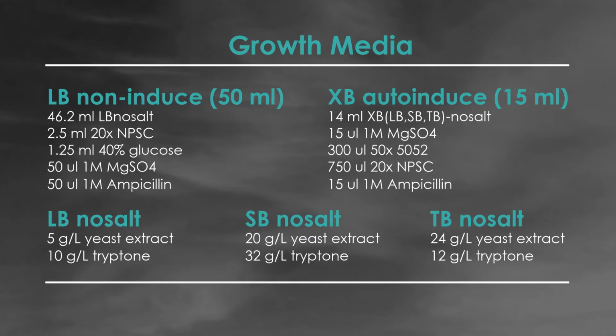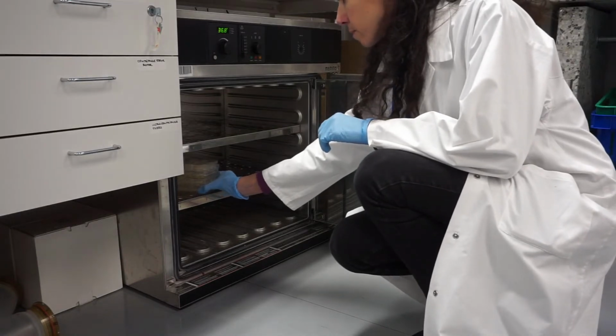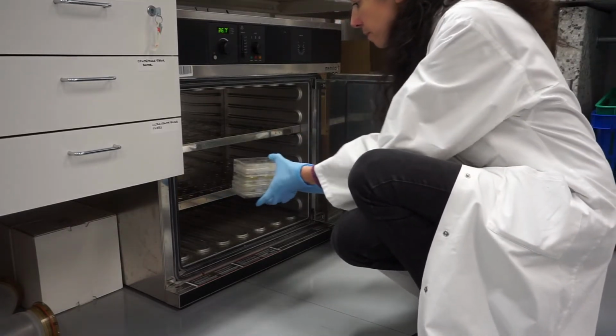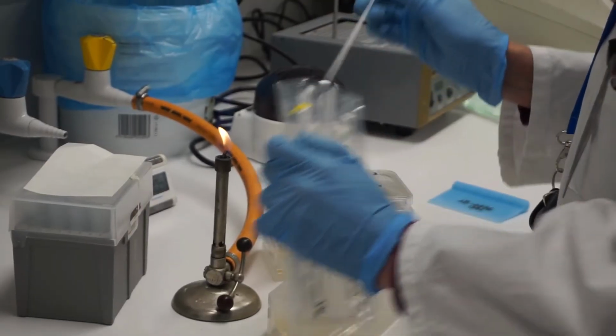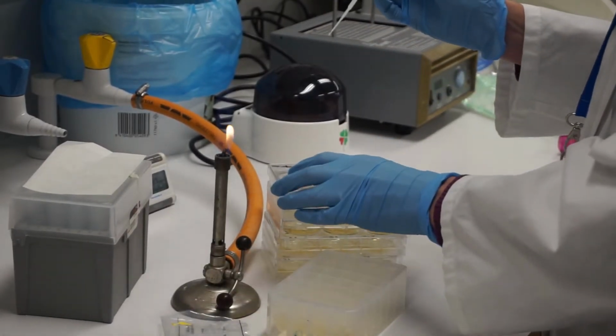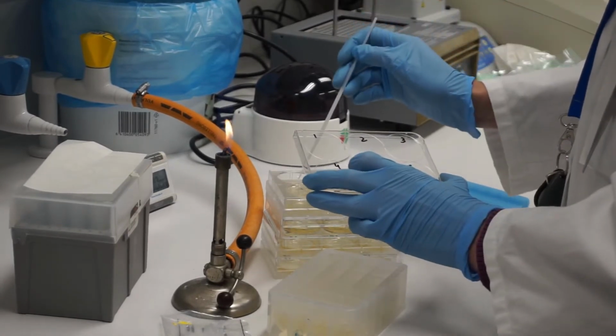Prepare 50 ml LB non-induced media. Then prepare 15 ml LB, SB, and TB auto-induced media. Inoculate 3 ml samples of LB non-induced media plus ampicillin.